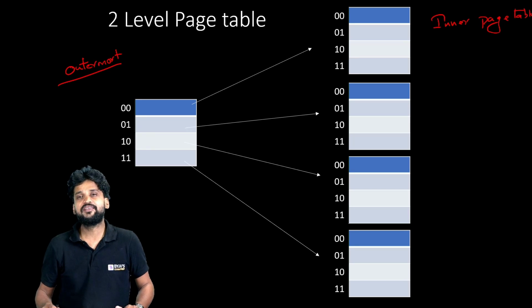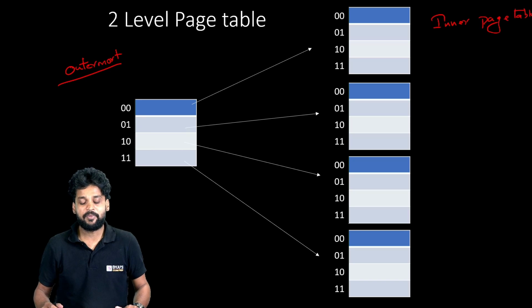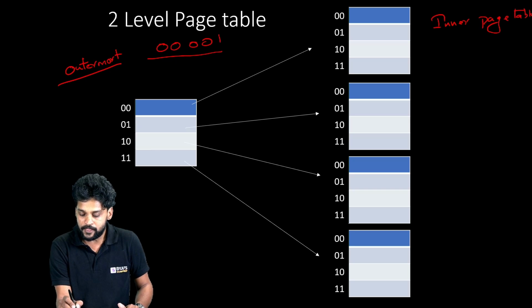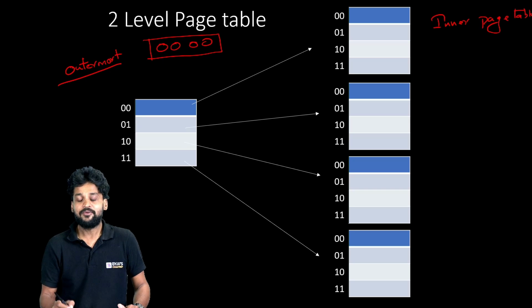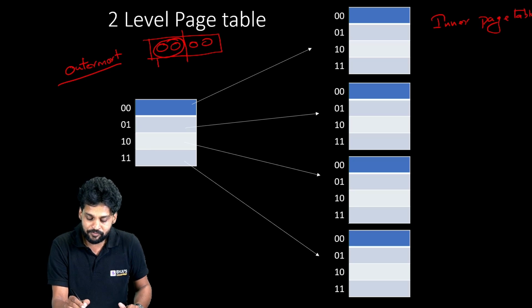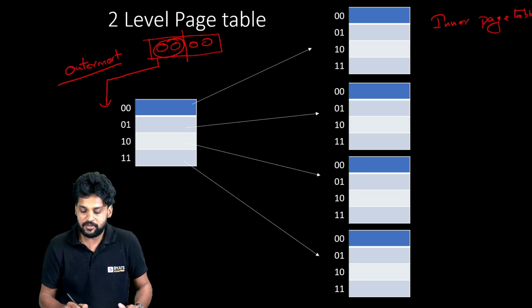Now, how many digits do we have in a page number? In a page number, we have 4 digits, let us say, for instance, 0000. Now this page number, this page index, will get divided into 2 fields. This field refers to the outermost page table.